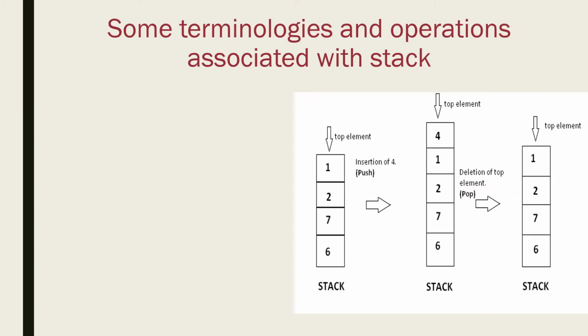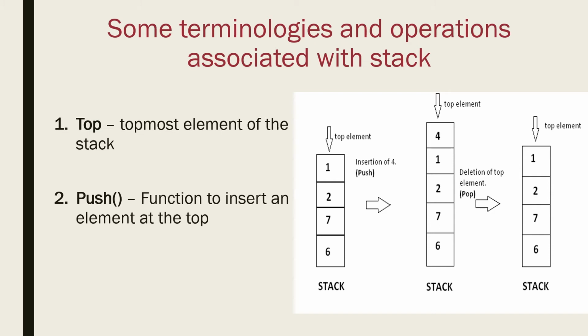Now let's understand some basic terms related to the stack. First is top, which means the element that we inserted last in the stack, and so it will be above all the elements and would be deleted first. Next is push function, in which we define the code for inserting a new element at the top of the stack.